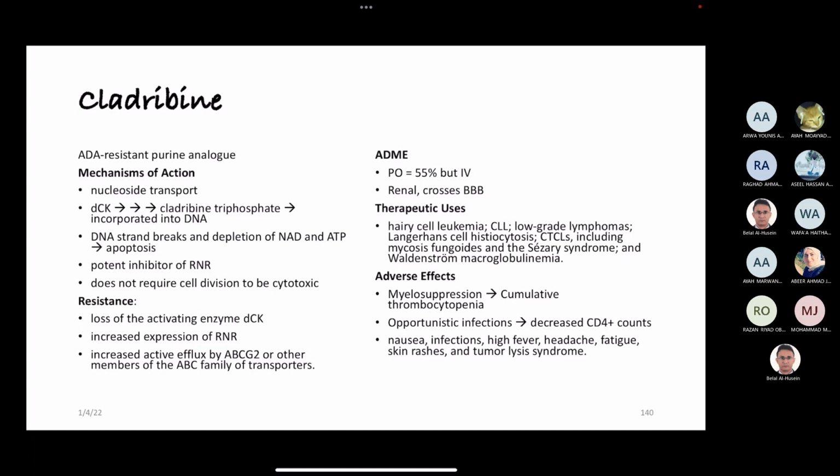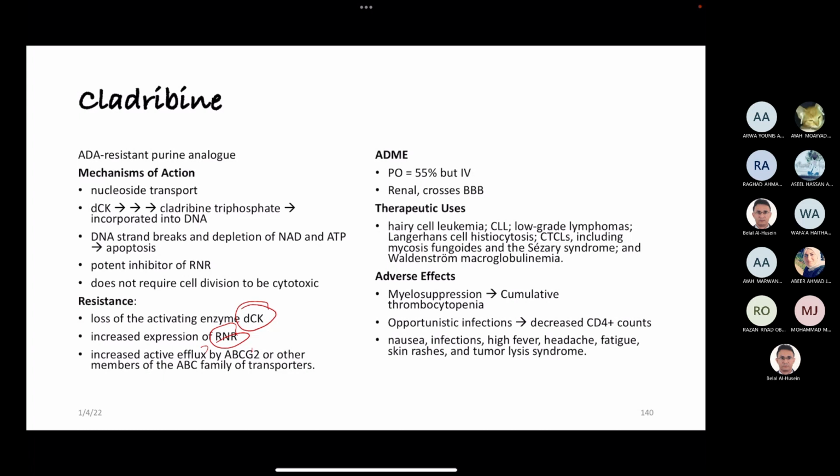Resistance is mediated through overexpression of a target, which is RNR, or downregulation of the activating enzyme, or pumping out of the cell. But here, like Cladribine, they know that certain transporters called ABCs, or ATP binding cassette transporters, are involved.